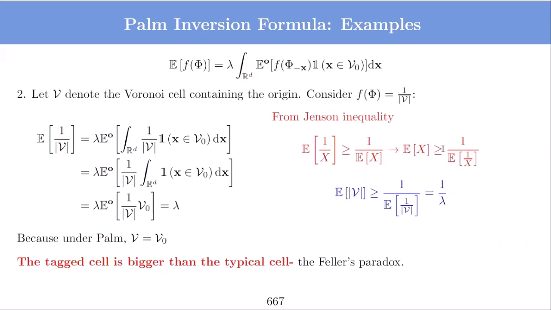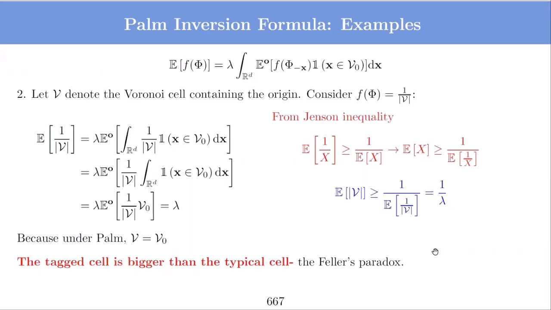So the expectation of norm V is more than 1 upon the expectation of 1 upon norm V, which is 1 upon lambda. So the expected size of the tagged cell is more than 1 upon lambda. Previously we saw that the typical cell expected size is 1 upon lambda.